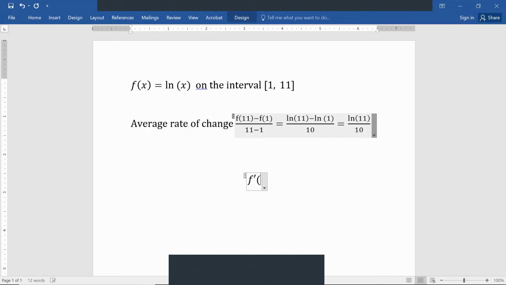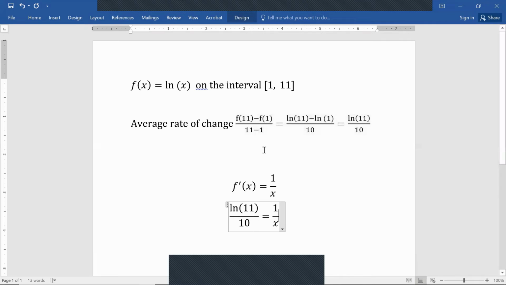Now, the derivative of natural log we know is 1 over x. We've seen that in previous sections. So if I want the x value whose derivative is natural log of 11 divided by 10, I simply need to set 1 over x equal to natural log of 11 over 10, and then solve for x.